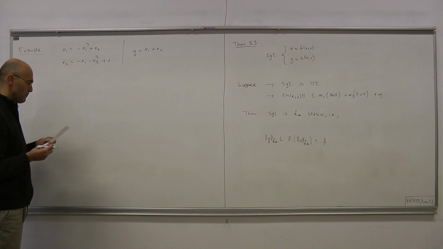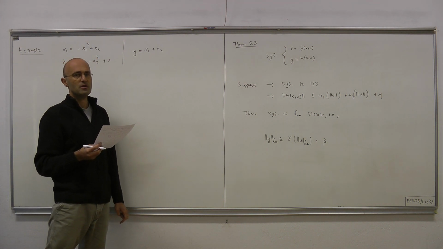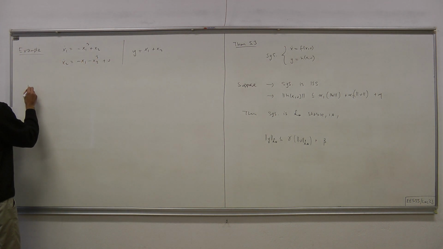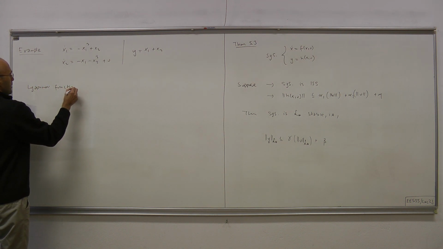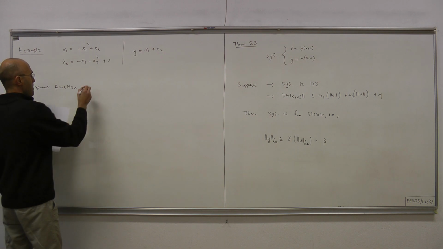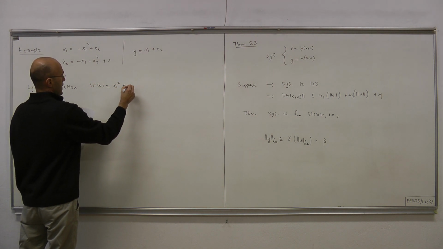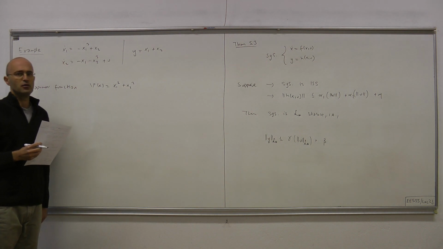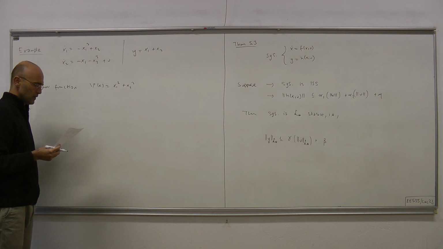We're going to establish it with the help of a Lyapunov function. Our candidate is the most standard candidate ever: the norm square of the state, x1 squared plus x2 squared.